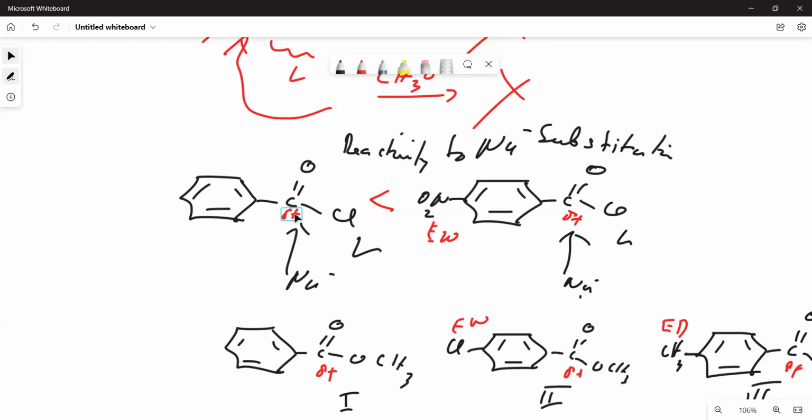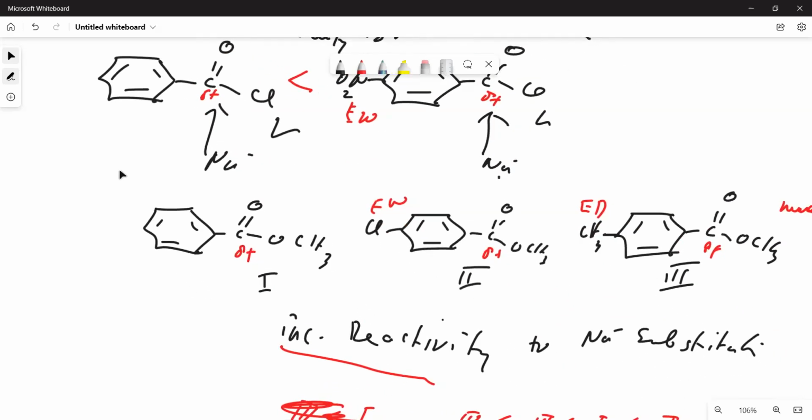On the positivity of the carbon here, because this is the one that will be attacked by nucleophile, no? So the more positive that carbon, the faster the nucleophilic substitution, okay? So here, if you place an electron withdrawing group on the benzene ring, this will pull electron clouds, right? So they can pull electrons by resonance, if you recall. So this will make the carbon here more positive. So therefore, the right will be more reactive than the left because there is an electron withdrawing group, okay?